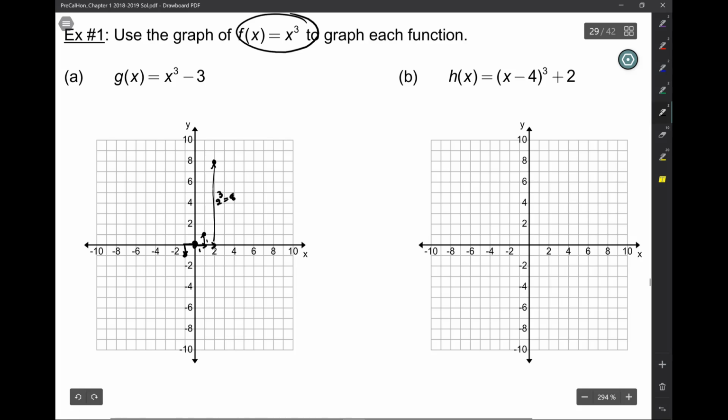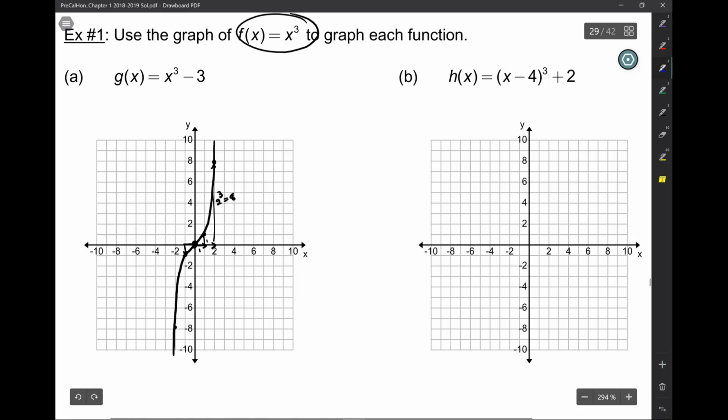If I went to the left 2 spaces, I'm going to go down 8 spaces. So this is how my parent function looks. You're not going to have to draw these parent functions every single time. We're just doing it this one time.